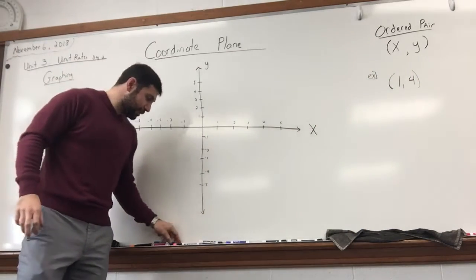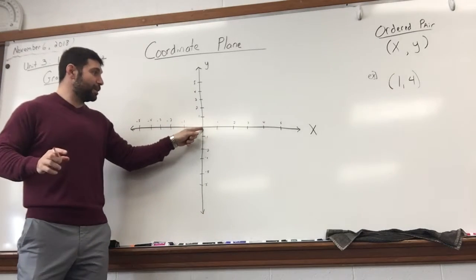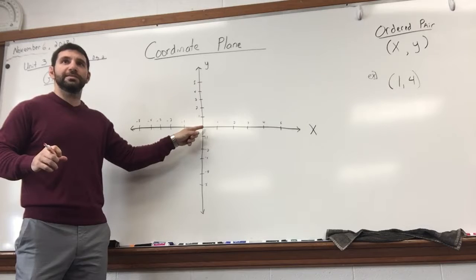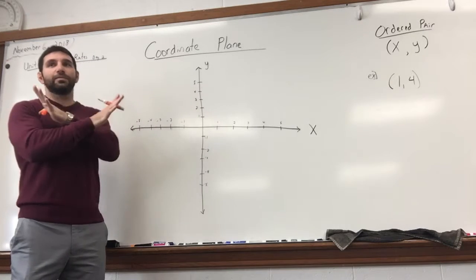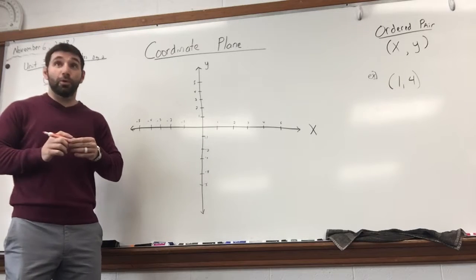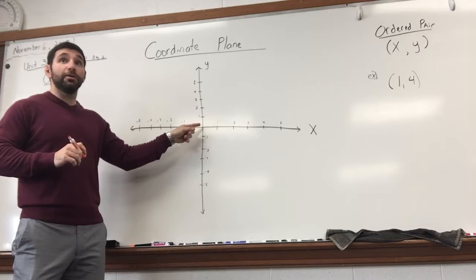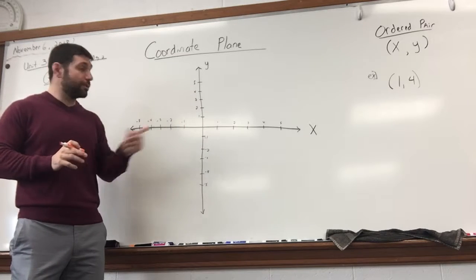To graph 1, 4, we start right here where it crosses. What is this specific spot where the x and y axis cross? Leighton, what do you think? Origin. The origin, very good. The origin is at 0, 0.